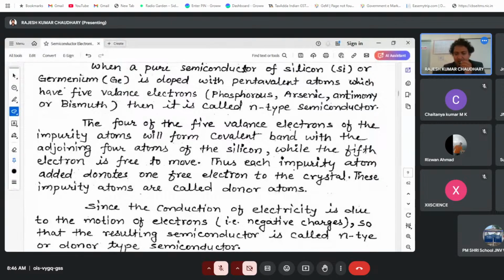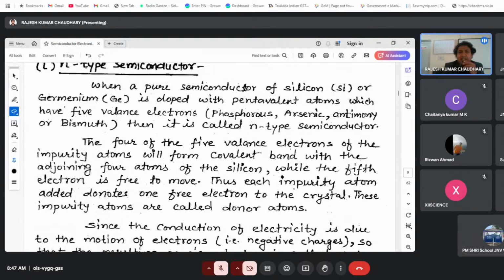I hope you are getting it. In their outermost shells there are 5 electrons, so that's why they are called pentavalent. Penta means 5.